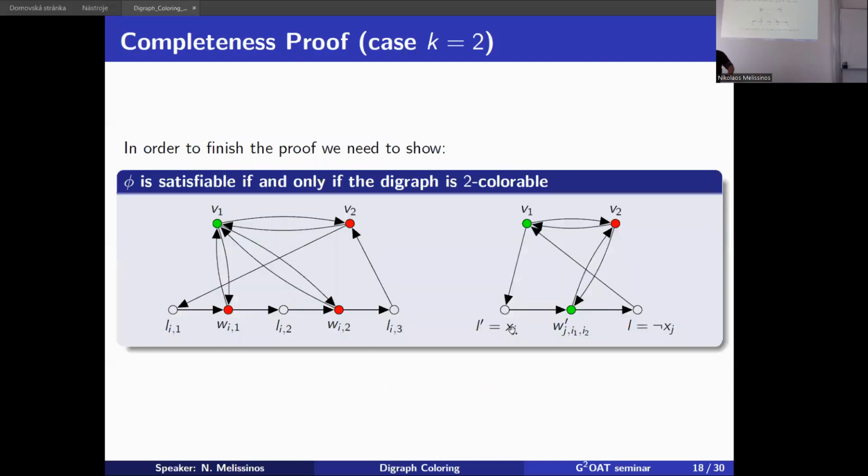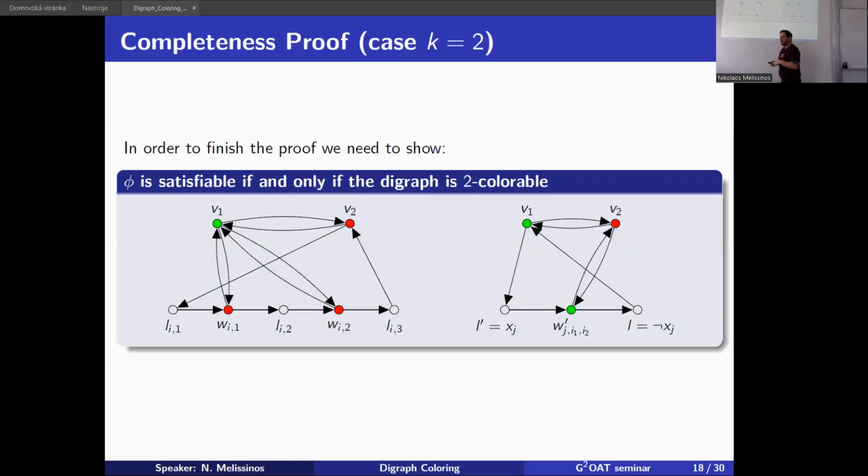Now, why does all of this hold? The idea again is that in those horizontal paths, we're forcing the middle vertex to be red, let's say, and we need to have at least one vertex that is green. And in all vertical paths, those to the right, we need at least one of the two variables to be false.